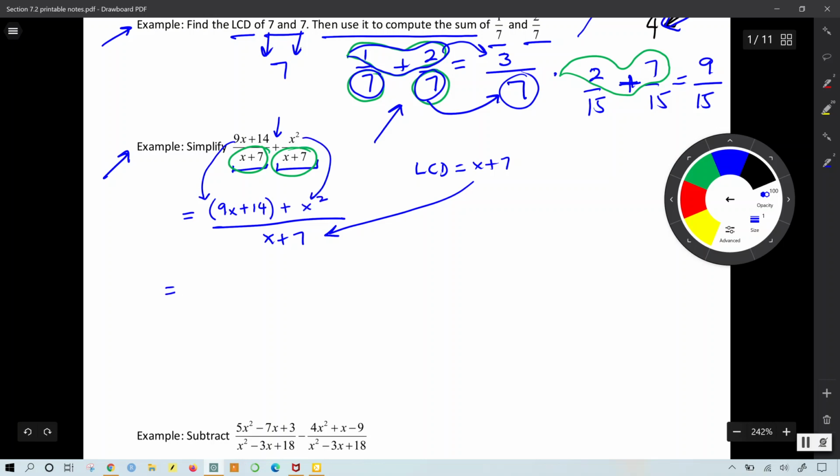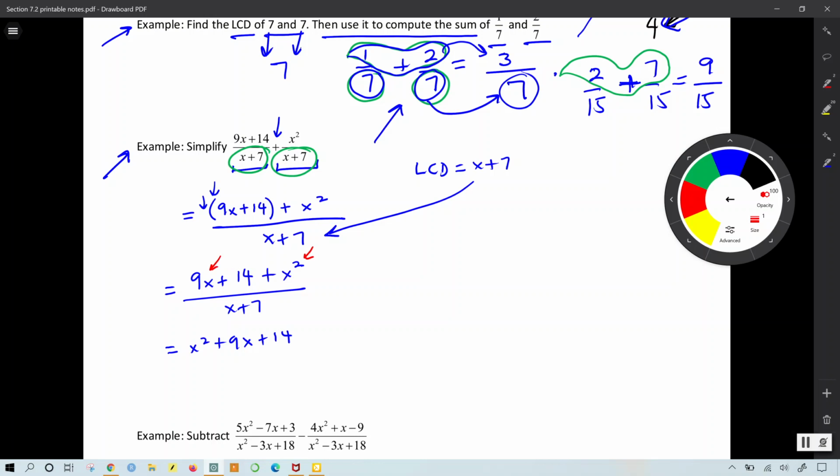Since there is no number in front of 9x plus 14, we're free to ignore the parentheses, and so you have 9x plus 14 plus x squared divided by x plus 7. And this is the same as x squared plus 9x plus 14, because we're writing in decreasing powers of x, from x squared to x and then to no x, divided by x plus 7.